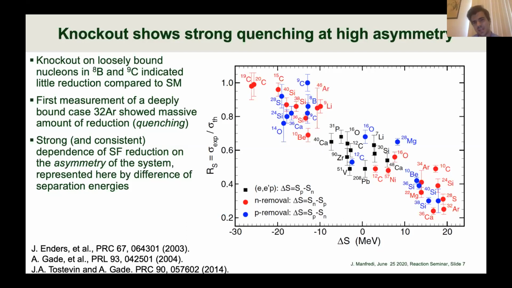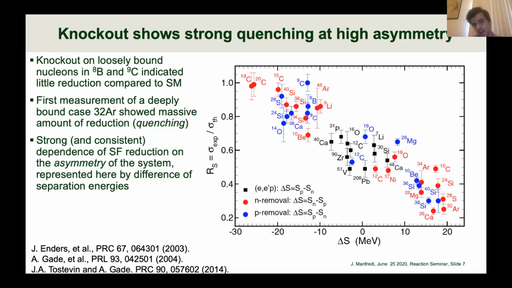And so what we can see here is the (e,e'p) data in black, delta S near zero, because we know that those nuclei are near stability. So not very asymmetric. And then the red and blue correspond to neutron and proton removal respectively.